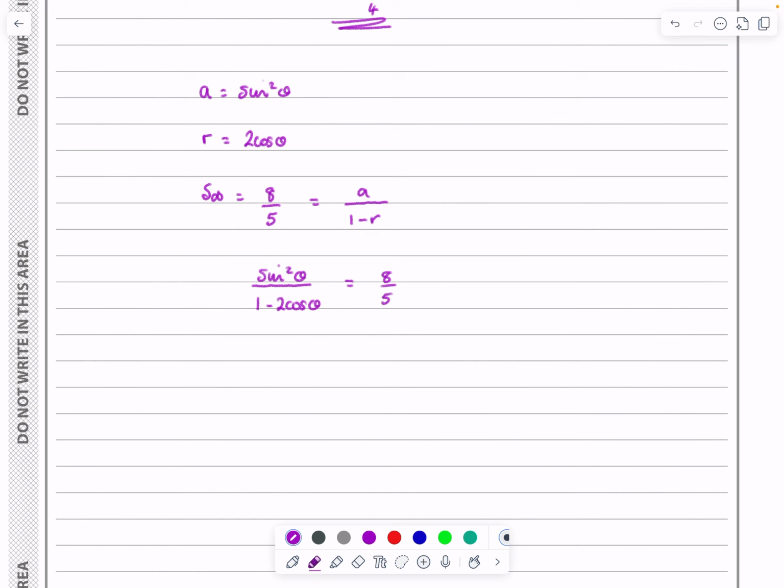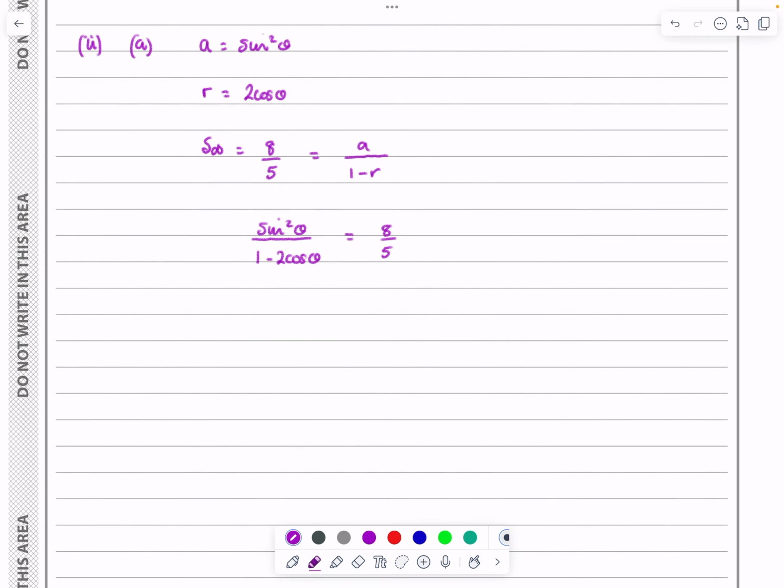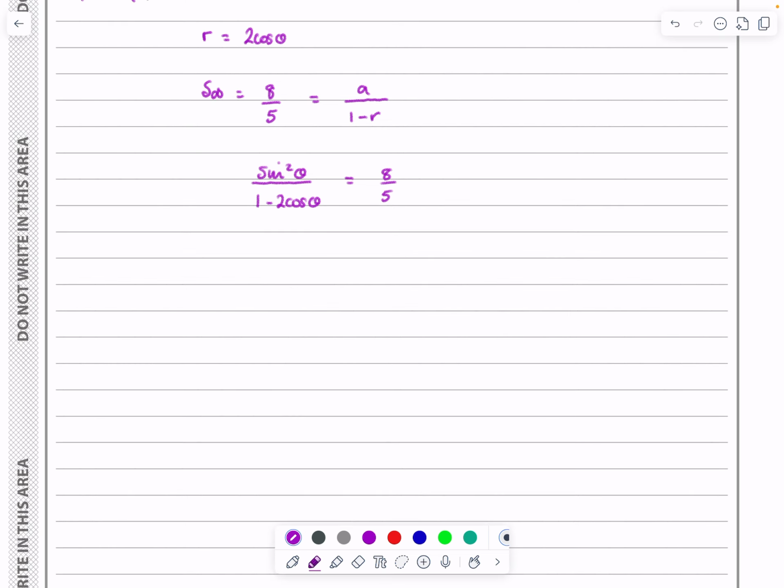So all we now need to do is to try and sort this out in terms of, sorry, this is part A. We just want this to look like the equation we just did, but do it slowly. Don't try and rush to get there. So I'm going to say 5 sine squared theta is equal to 8 lots of 1 minus 2 cos theta.